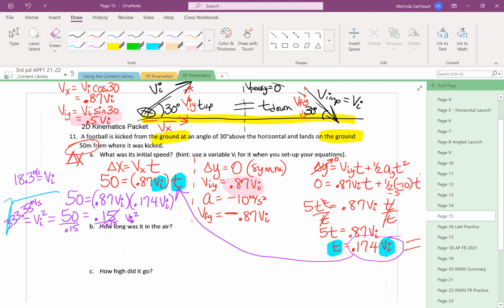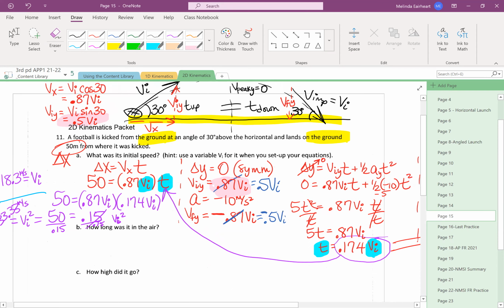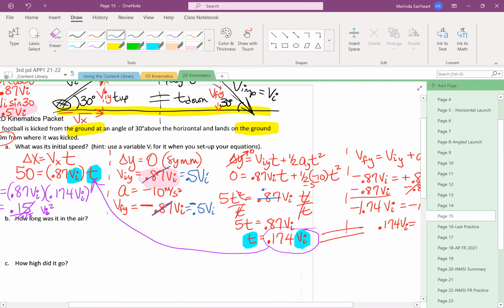So let's correct this real quick. Different color, what can we use? It should be 0.5 VI, which would make the final velocity -0.5 VI, which would change this right here.